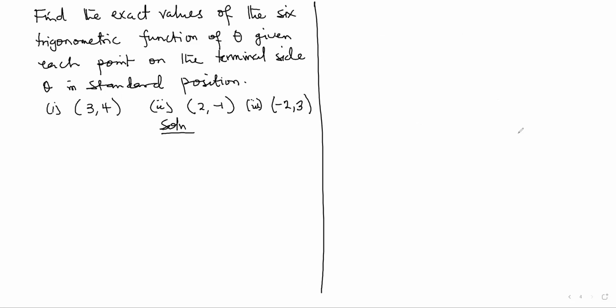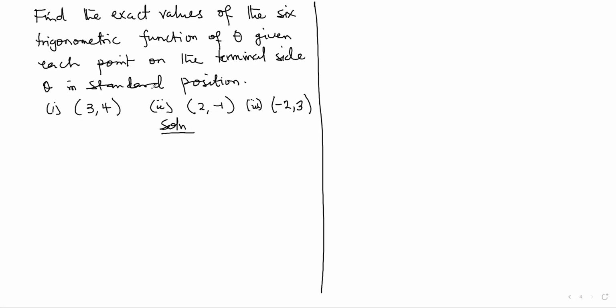Okay, so we continue. We still want to find some exact values of trig functions. There's another way of putting it: find the exact values of the 6 trigonometric functions of theta given each point on the terminal side of theta in standard position.